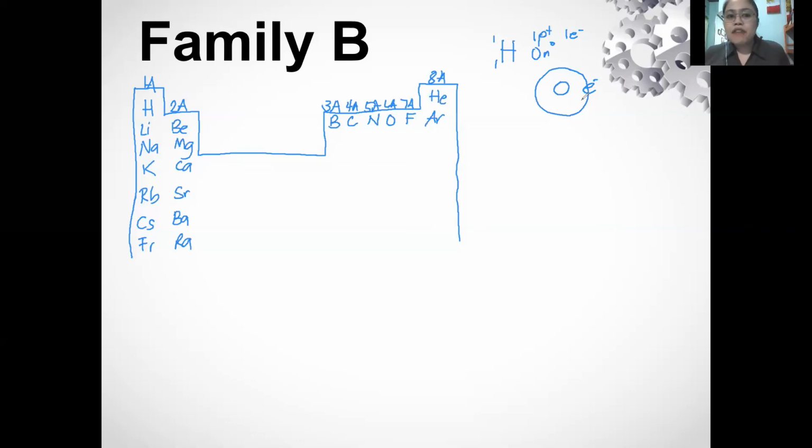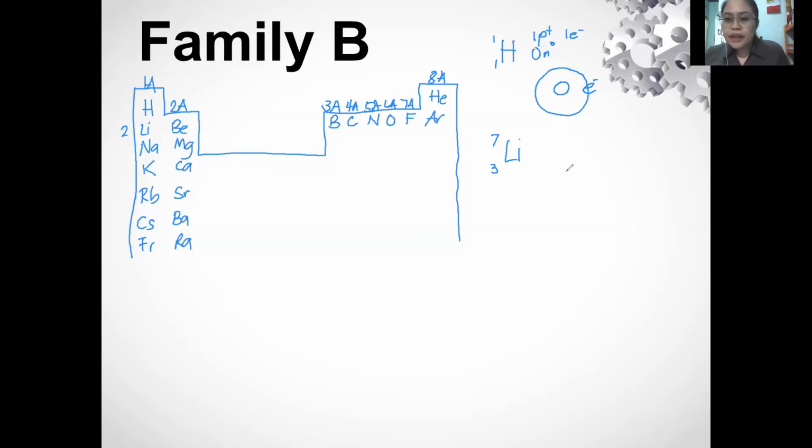But let's take, for example, lithium. Let's see bakit nandito siya sa group 1A natin. So, si lithium class, yung atomic number niyan ay 3. And then, yung atomic mass niya or mass number ay 7. So, si lithium class, nasa period 2. Ito yung period 2, di ba?